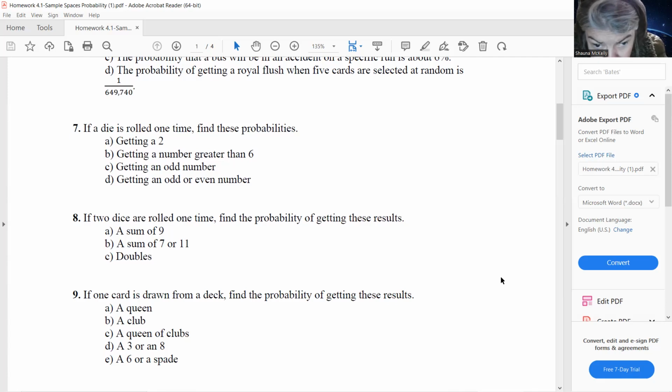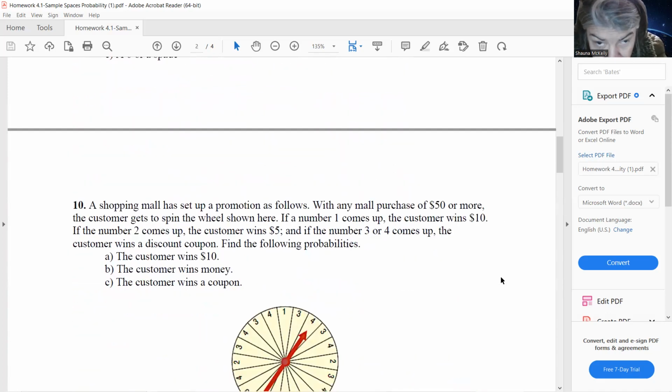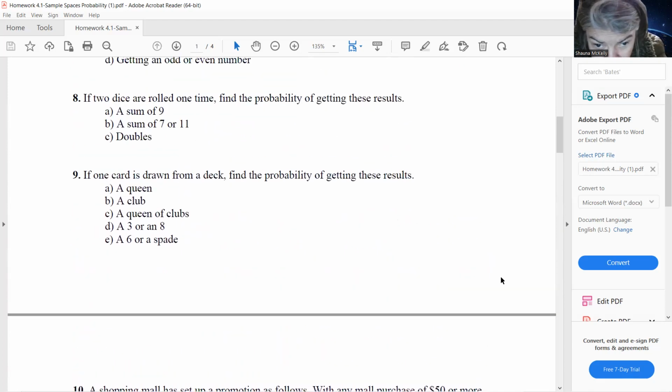You guys can probably get through 7 and 8 with what you found in part 1. But let me go over number 9 for you, and we'll have more card probabilities later. If one card is drawn from a deck, find the probability of getting these results: a queen, a club, a queen of clubs.